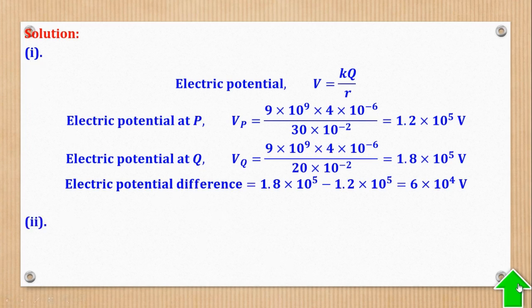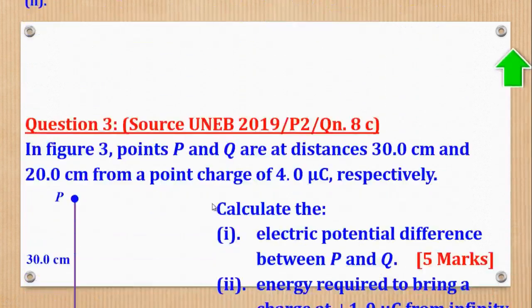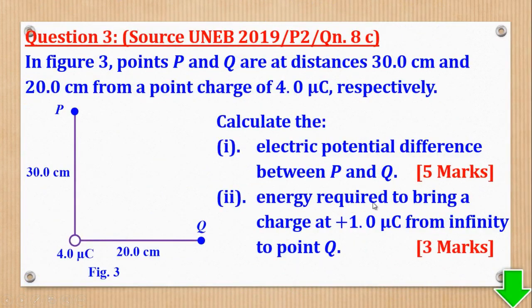Now we shall go to Roman 2. For Roman 2, they say the energy required to bring a charge of positive 1 microcoulomb from infinity, know this word, from infinity to a point Q. So if it is from infinity to a certain point, we shall use electric potential. If it was between these two, we would have used potential difference.